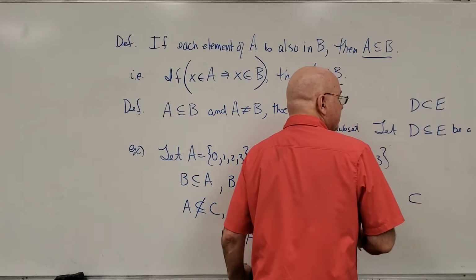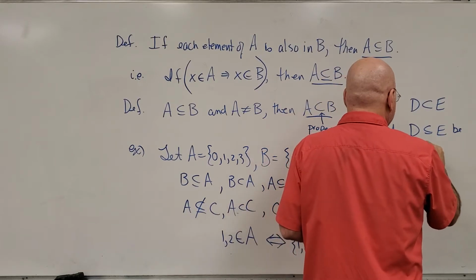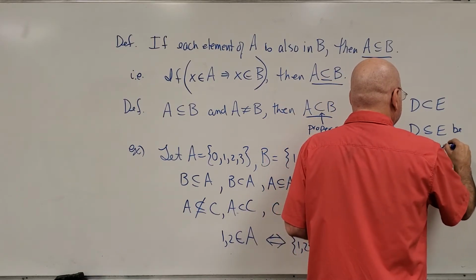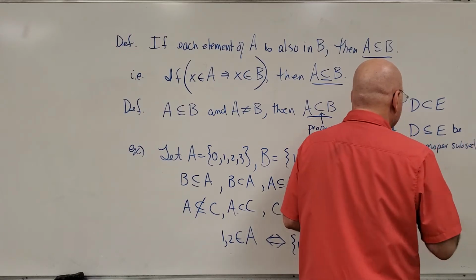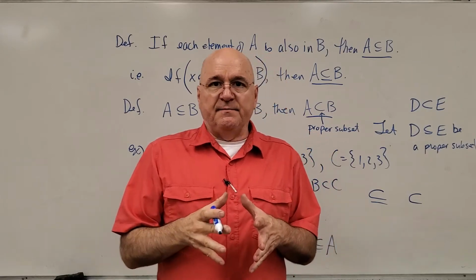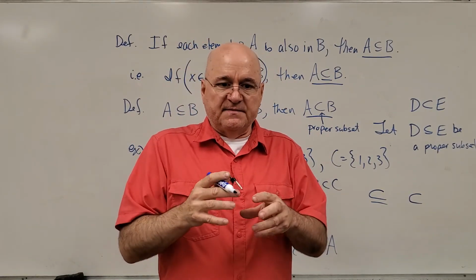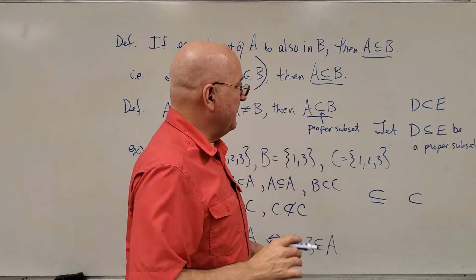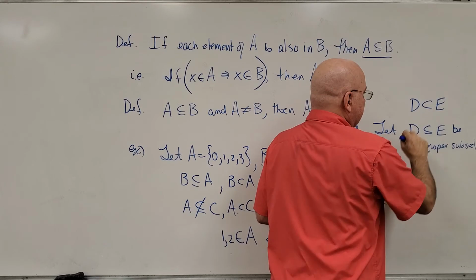I'm not sure you can see that on the camera, so let me write it down here. So you don't need to be concerned about that. If it is required that it be a proper subset, just note, say it, write it out. This subset is proper. All that means is D has fewer elements in it than E does.